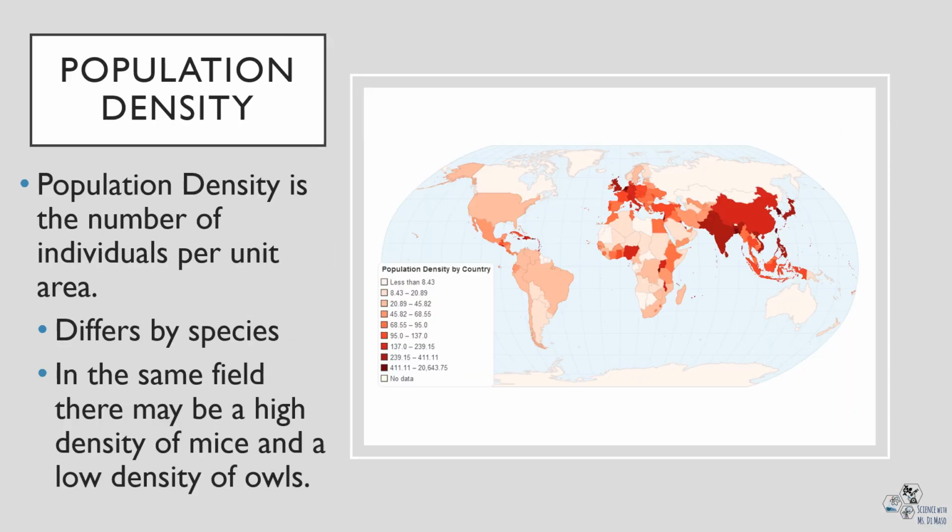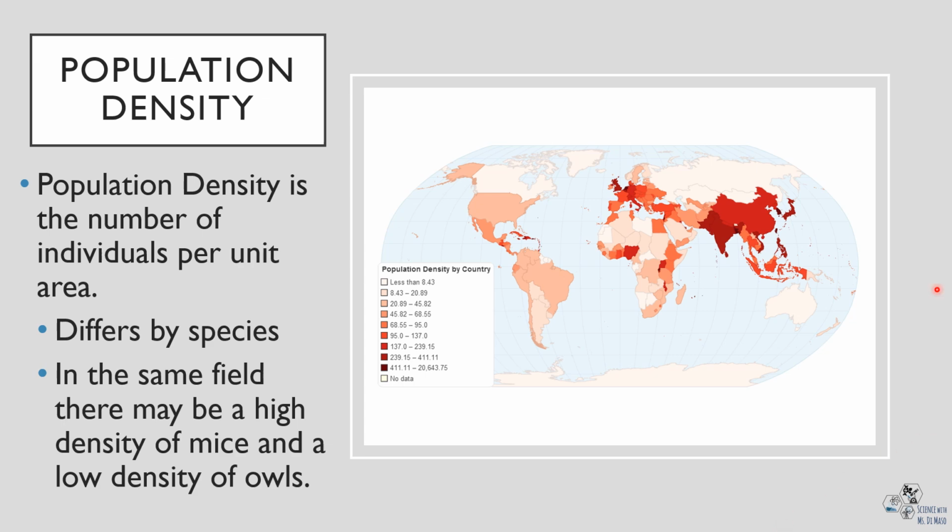Population density is looking at how many individuals exist in a unit of area. So basically, how closely stacked do these organisms live to each other in the population? If you're thinking about humans, this map kind of shows that, whereas the darker colors are showing where humans live much closer to each other. The lighter areas show where the humans are a little bit more spread out.